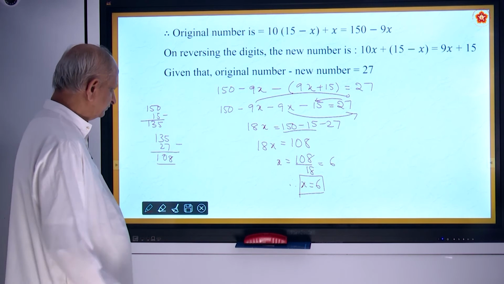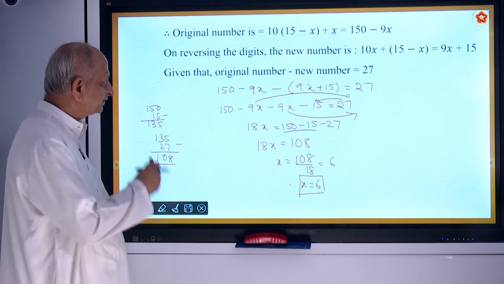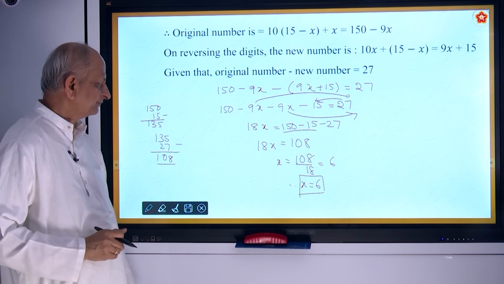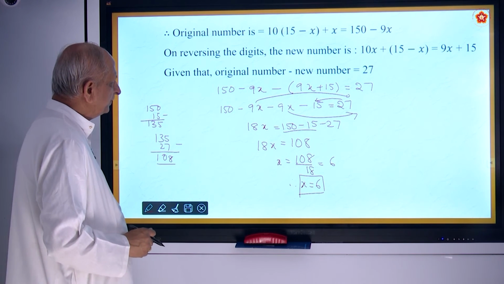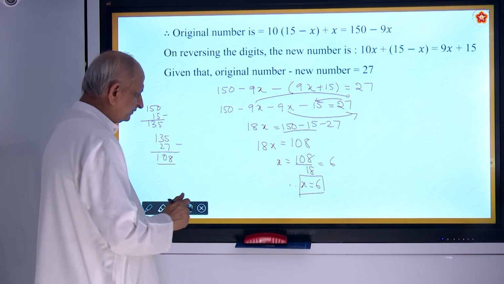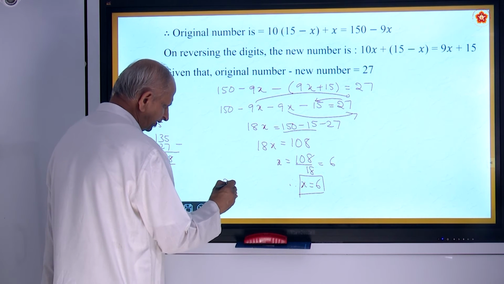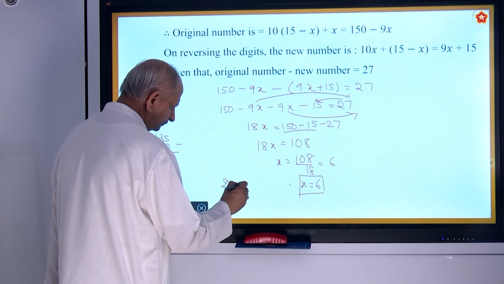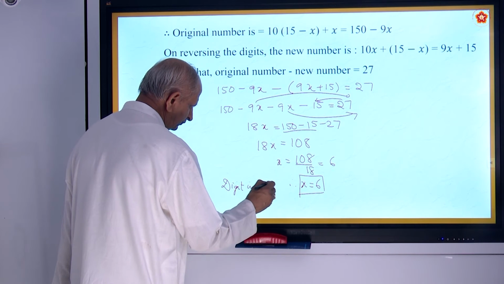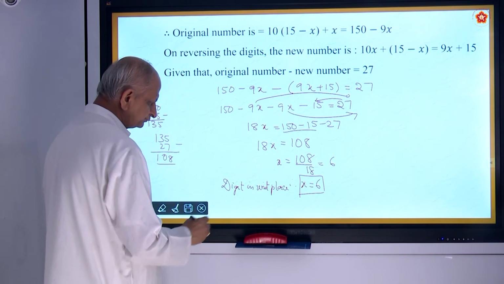Now we will verify it. If x is 6, what is x? x is the digit in the units place. Now what will be in the tens place? So the digit in the units place is 6.